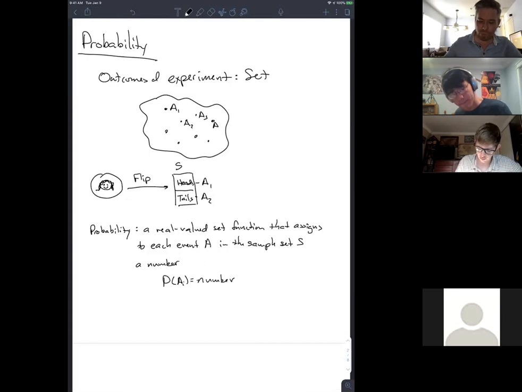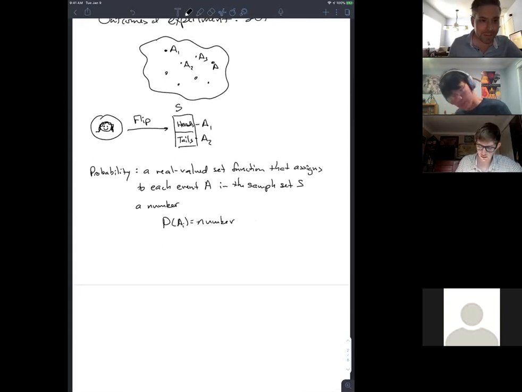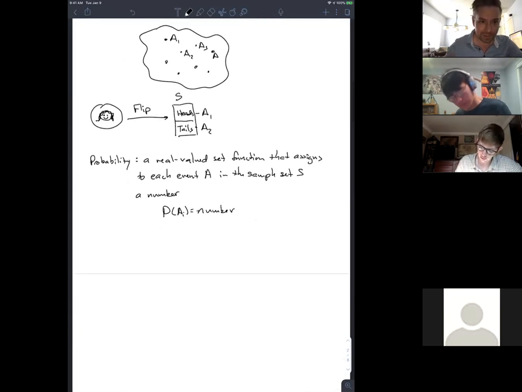Now, I'm no mathematician, but my understanding is that the way a mathematician would write this is that P is a function that takes your set of possible outcomes and maps it into a real number, like so.